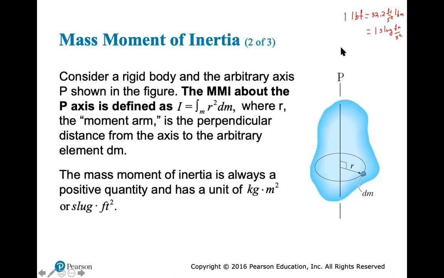Therefore, my unit ratio says that 1, the pure number 1, equals 1 slug per 32.2 lbm. Okay, so that gives us our unit conversion.